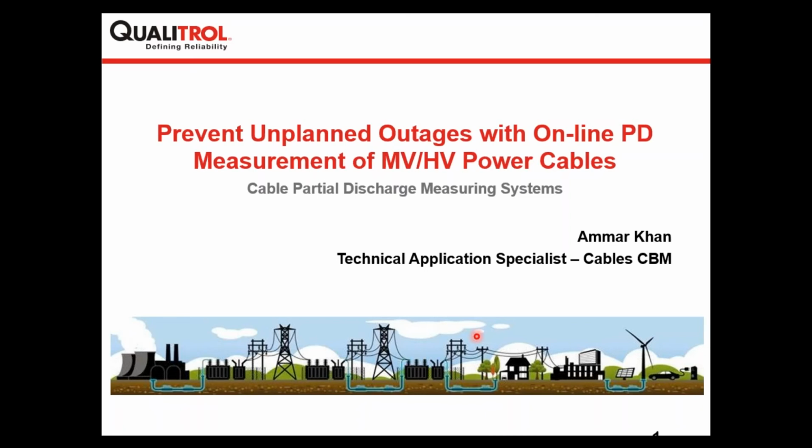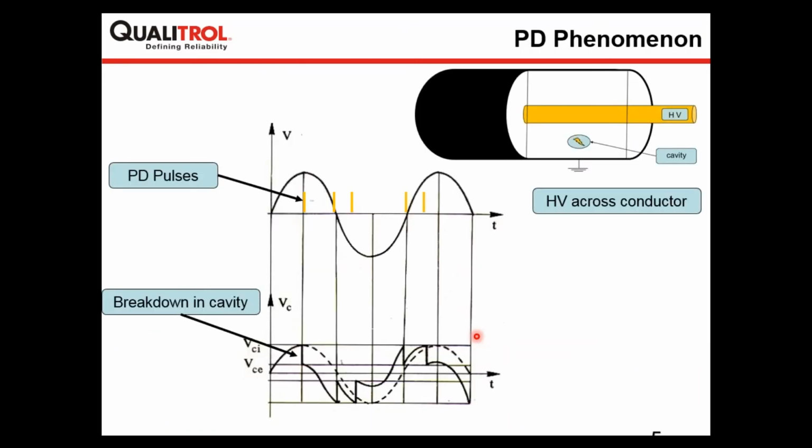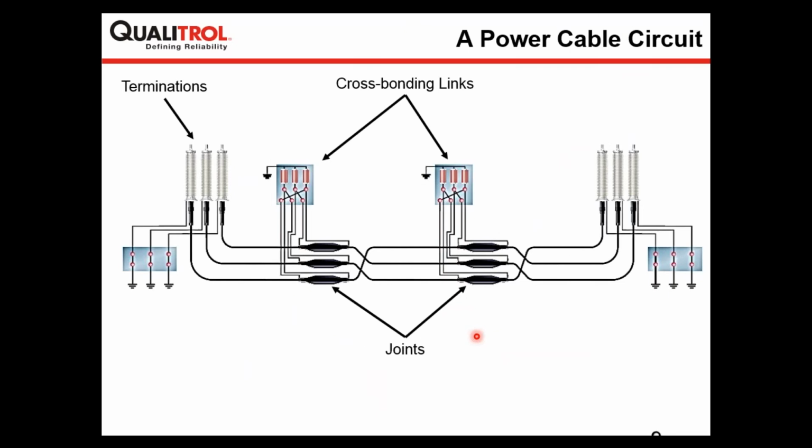Yes, as I mentioned earlier in our slides, if you have a single network where there are no T-joints and no middle grounding in the power cable network, you can accurately locate partial discharge by measuring partial discharges at the end of the power cable. For that you need to know the exact cable length, and also the PD pulse propagation speed.